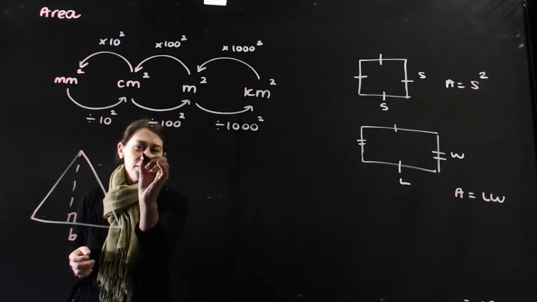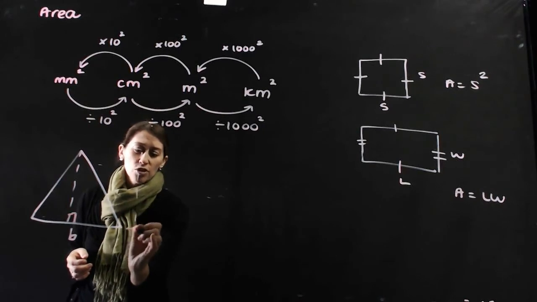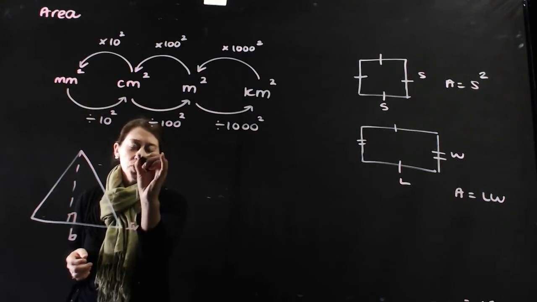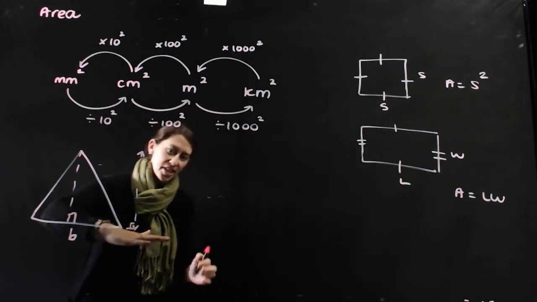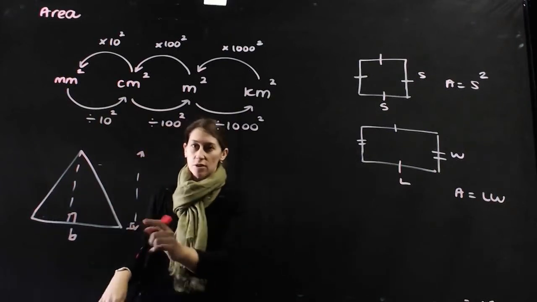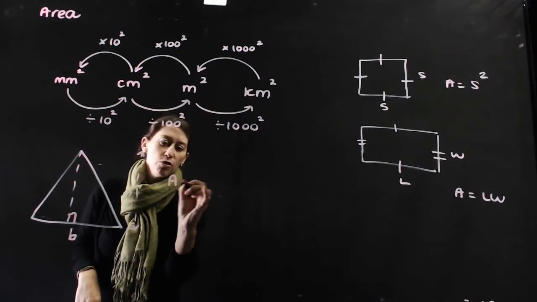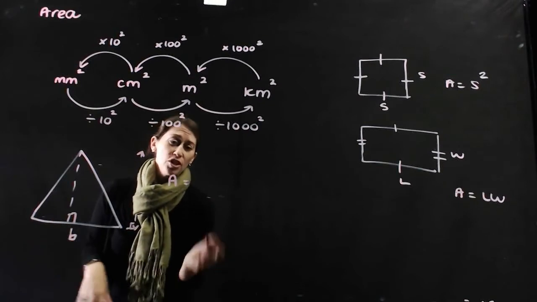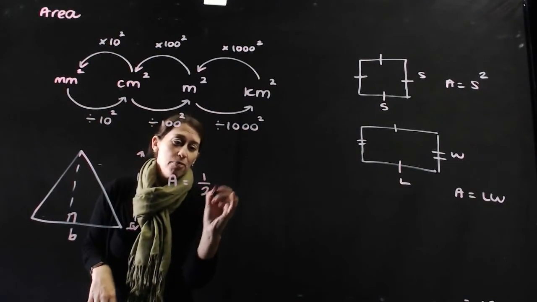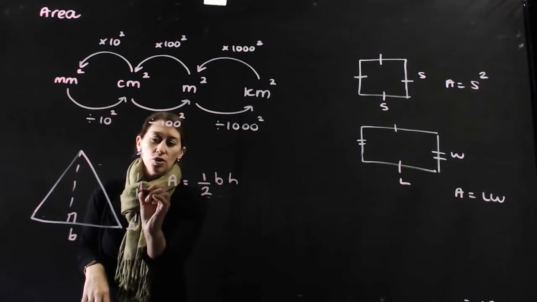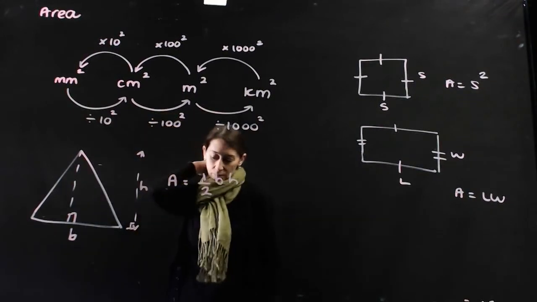It may be displayed on the outside of the triangle, usually shown a little right angle. But you're looking for the height that's perpendicular, so that means sitting at right angles to the base. And that gives you the formula, base times height divided by 2, or you can write it as 1/2 base times height. And that's your perpendicular height.